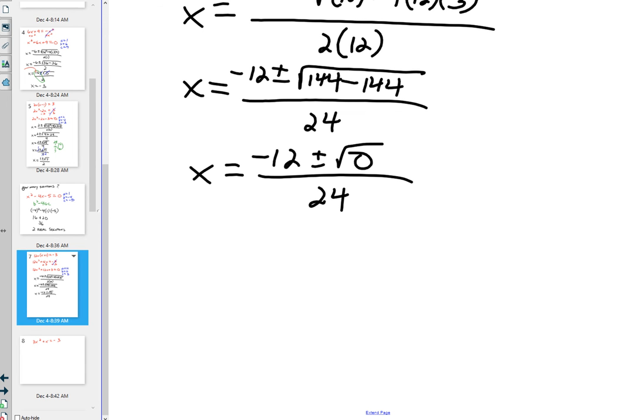It does have a solution. Yeah, there's one solution. Just like earlier today, this cancels, that cancels. Your only solution is going to be negative 12 over 24. But you wouldn't leave it like that, because what is negative 12 over 24 reduced to? Close. Negative 1/2.